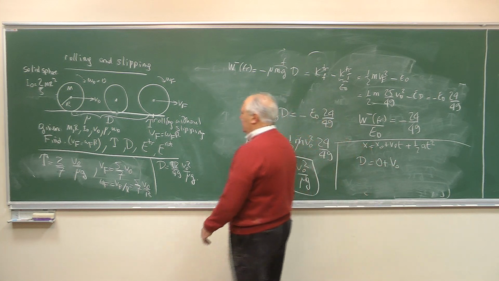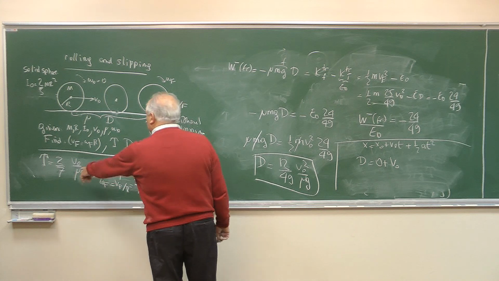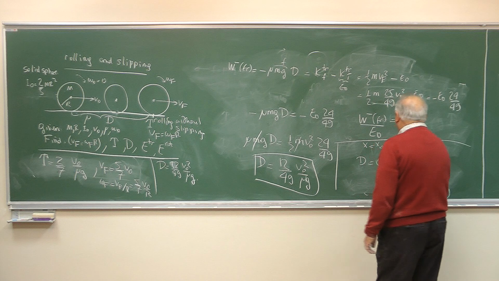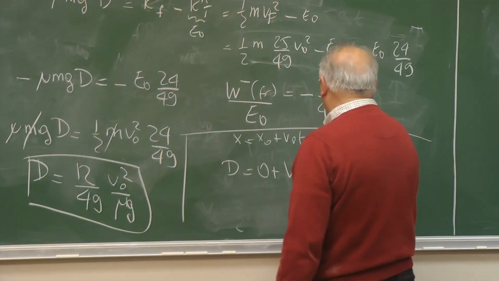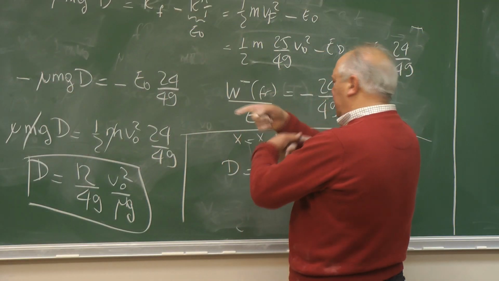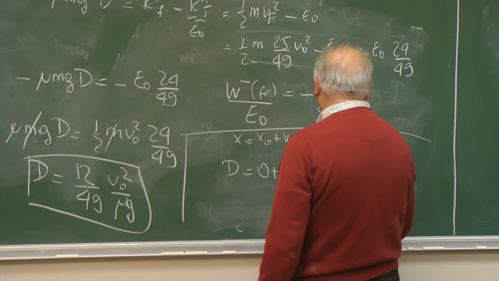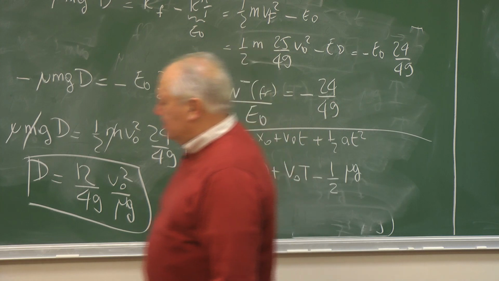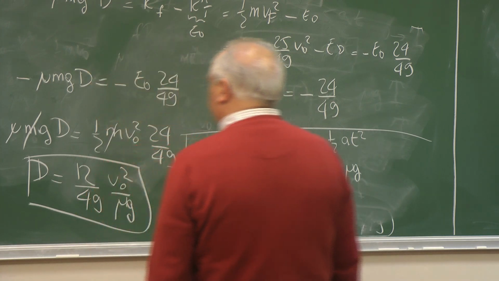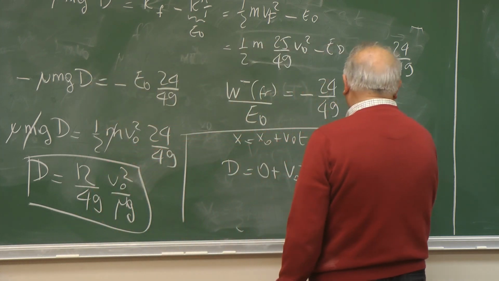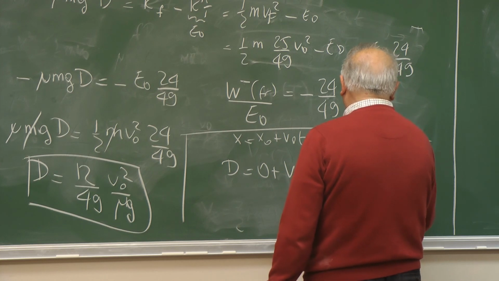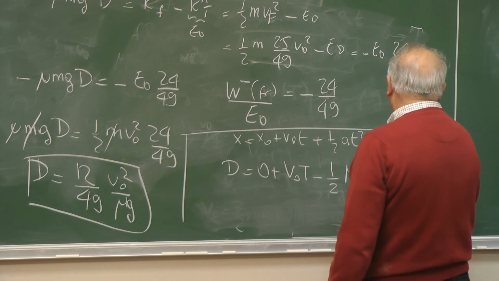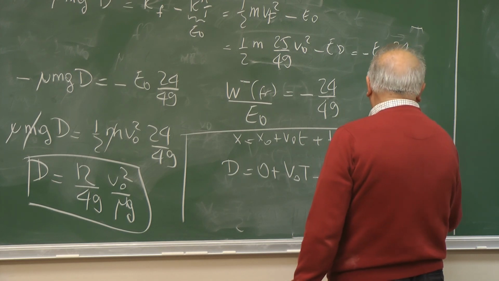Time is now this t, where is it? This t. Acceleration is negative. We are going this way, but the acceleration is that way. 1/2. Acceleration is mu g, t square. T is 4/49, V0 square over mu g square.